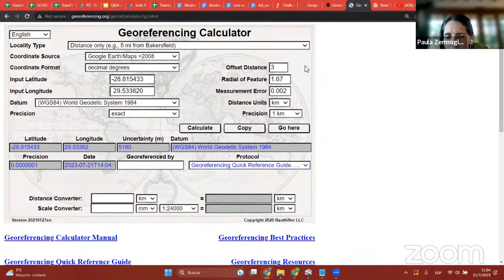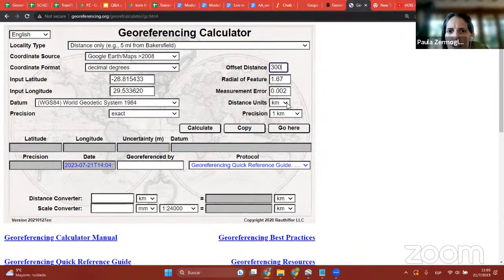What do I have to change here? Good. The distance unit. Yes.